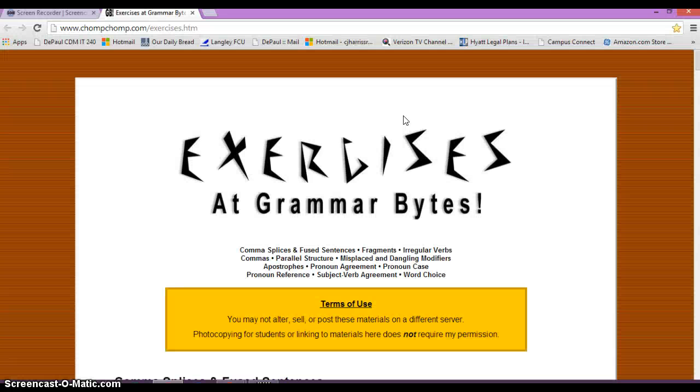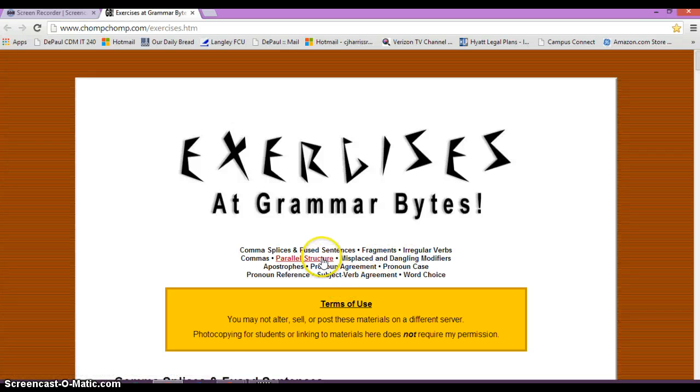Now let's practice a bit more. This website was created to give you interactive practice in identifying parallel structure and fixing sentences that are not parallel. You can revisit this website anytime that's convenient for you from your own computer. I'm just going to show you a couple of different examples.